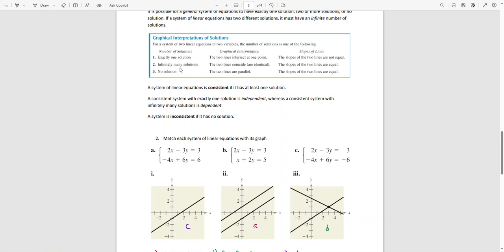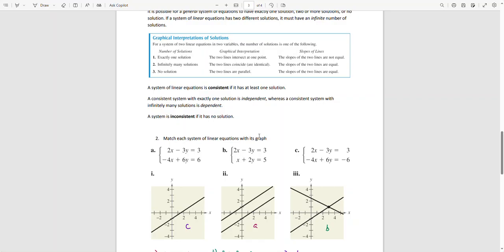If we have infinitely many solutions, remember that was 0 equals 0, the two lines will coincide, so they're the identical graph. The slopes of the two lines are equal, but so is the y-intercept. If we have no solution, which we did above, that means the two lines are parallel, and the slopes are equal, but they have different y-intercepts.